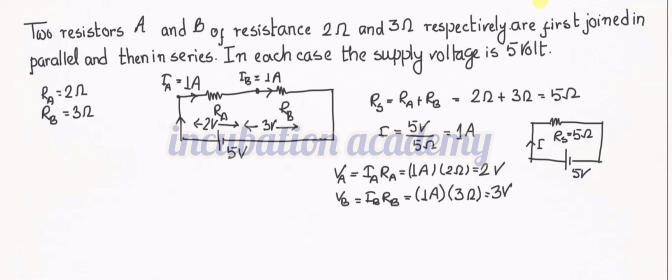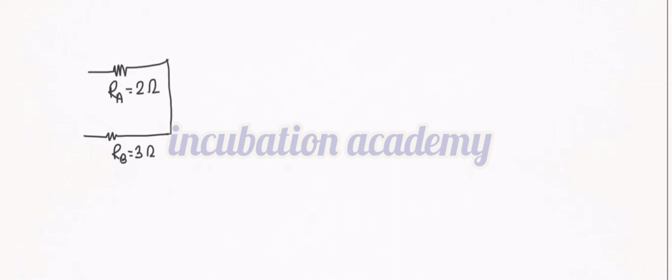Now if these two resistances are connected in parallel, let us connect them in parallel. Let us do it on another page. So here is my RA, which is 2 ohm, and another resistance is RB, that is 3 ohm, and these two resistances are connected in parallel.